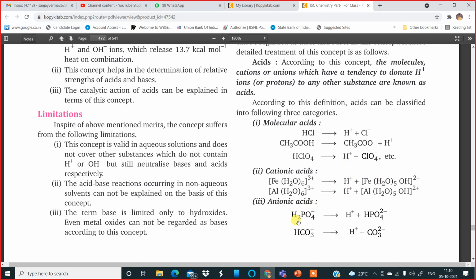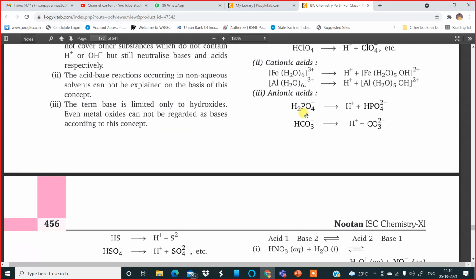Anionic acids include dihydrogen phosphate and HCO3 minus, which are also acids. They give H plus, so they behave as acids. Try to remember examples of molecular acids, cationic acids, anionic acids, and the definition. Why are these called acids? Because they have a tendency to donate H plus ions or protons to any other substance.